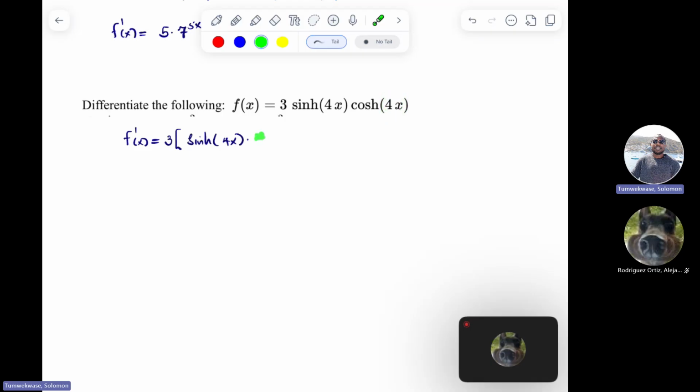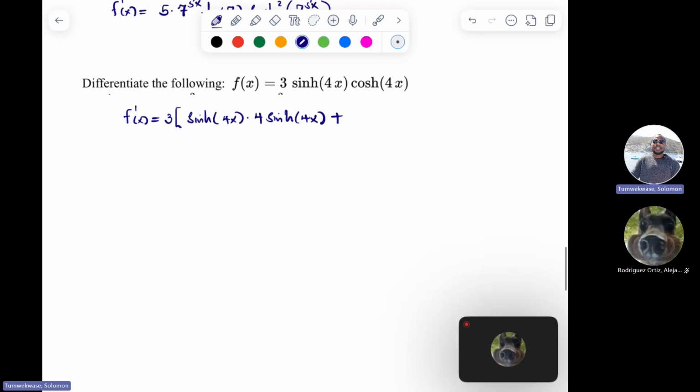So this will be 4 sine hyperbolic of 4x. Then plus, by product rule, hold cosine hyperbolic of 4x times the derivative of sine hyperbolic of 4x, which is 4 cosine hyperbolic of 4x. So this is 3 into 4 sine hyperbolic squared of 4x, and then plus 4 cosine hyperbolic squared of 4x.